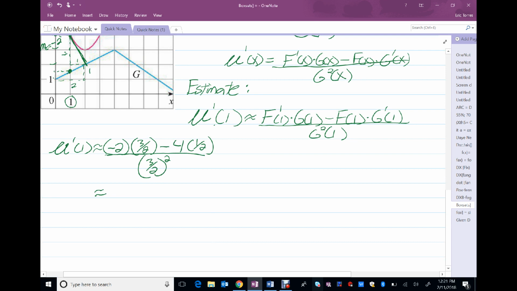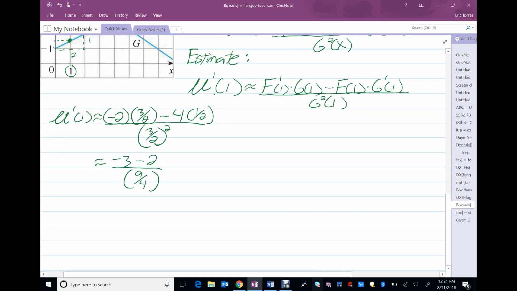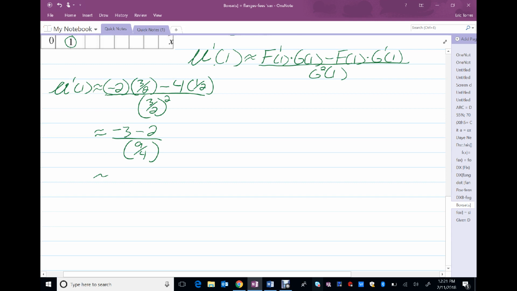So I end up with negative 3 minus 2 all over 3/2 squared, which is 9 over 4. So this leaves me negative 3 minus 2 is negative 5 divided by 9/4, but I do not divide by fractions. I multiply by their reciprocal.